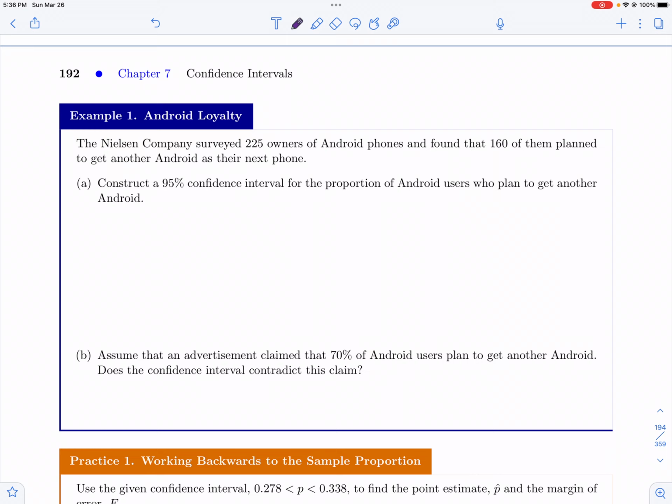Notice with this one, all we're given is our n and our x, and from there we have to figure out all the other stuff that we need. So our x is 160 and our n is 225. If we want to figure out our p hat, it's going to be 160 divided by 225.